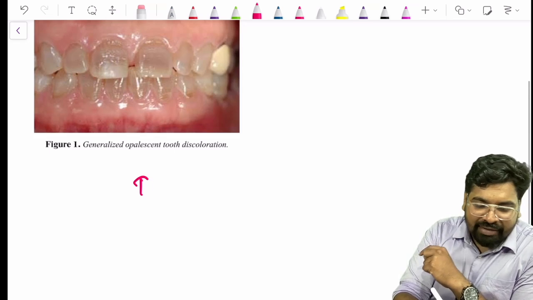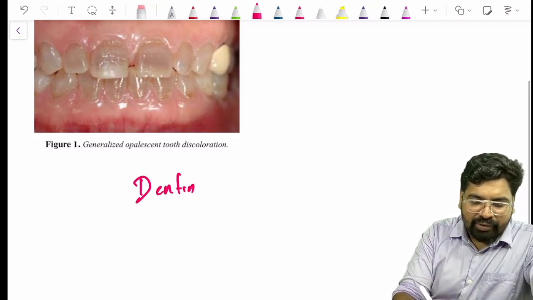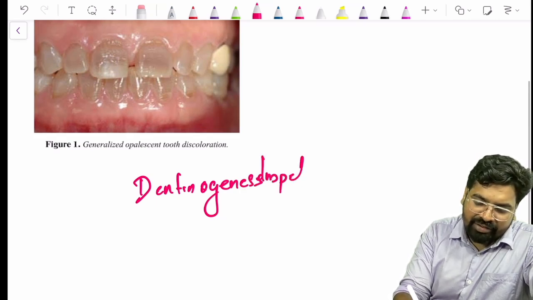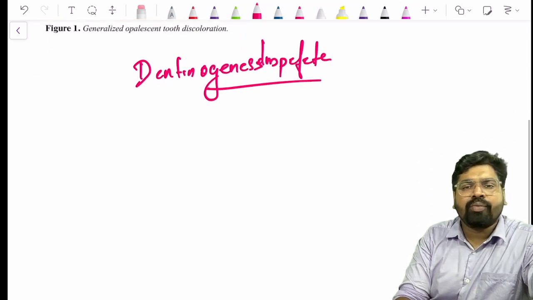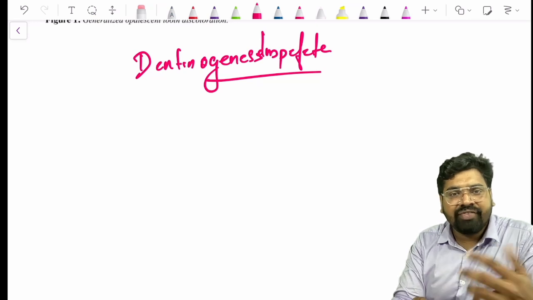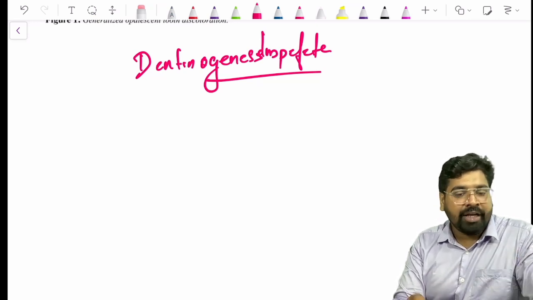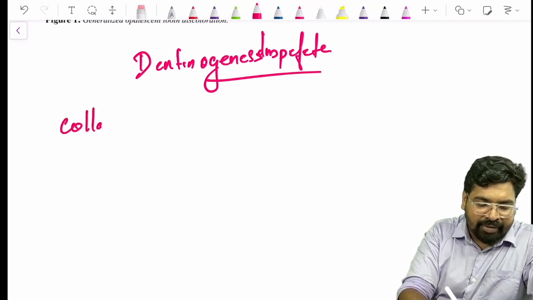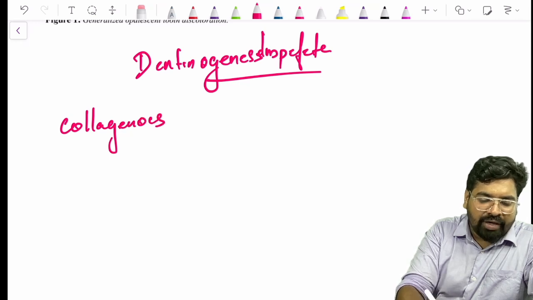So what happens in dentinogenesis imperfecta? It is the developmental anomaly of your dentin where the defect lies in the protein. The main protein which is affected is the collagenous protein, the collagen.